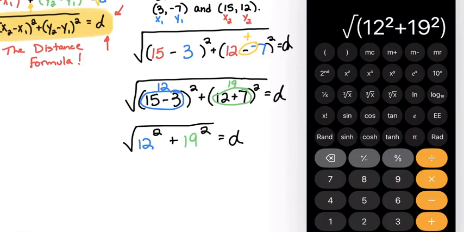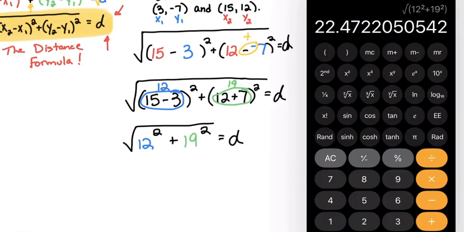If you are doing this on a TI-84, which I recommend, just make sure the line on the square root goes across the entire 12 squared plus 19 squared and not over just the 12 squared. Make sure the entire thing's inside the square root, and you should get 22.47. So the distance between these 2 points, oh, I don't want to do equals.